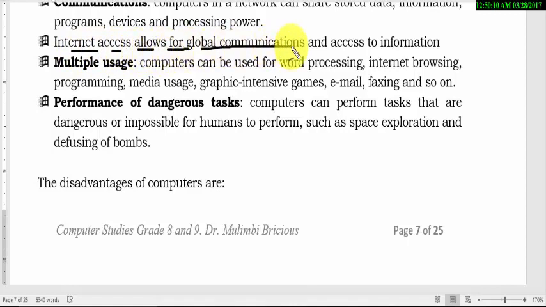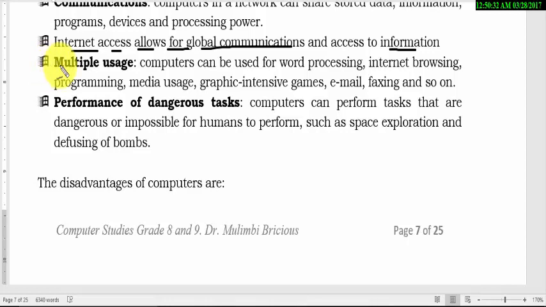Because there's internet access, my computer can be connected to other computers in America, in UK, in South Africa, Botswana, all over the world. So when a computer is connected to the internet, it will access information. You have a lot of information on your computer because it is connected to the internet.